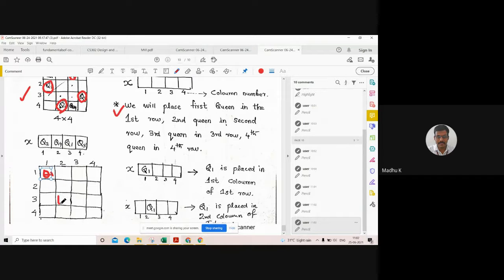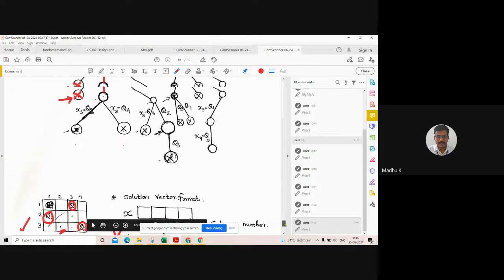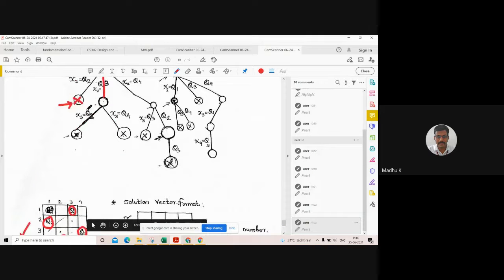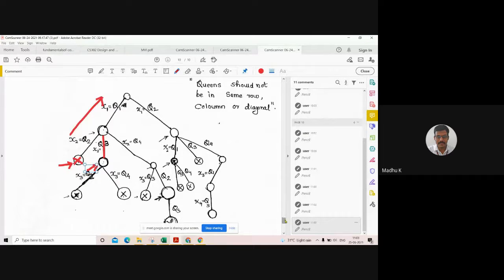Q3 I will always place here. Okay, then I reached here. Then before creating the next node, I will place q2 at the third column.